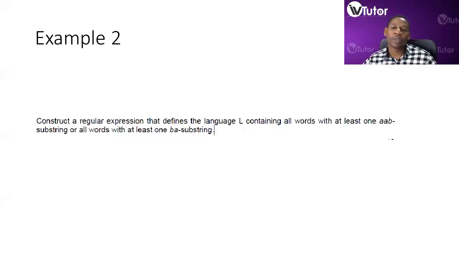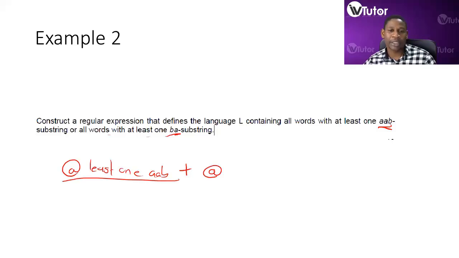So if you want words with at least one aab, or words with at least one ba substring, already we see an OR appearing. Here we want at least one aab, and here at least one ba, so we need one or more.